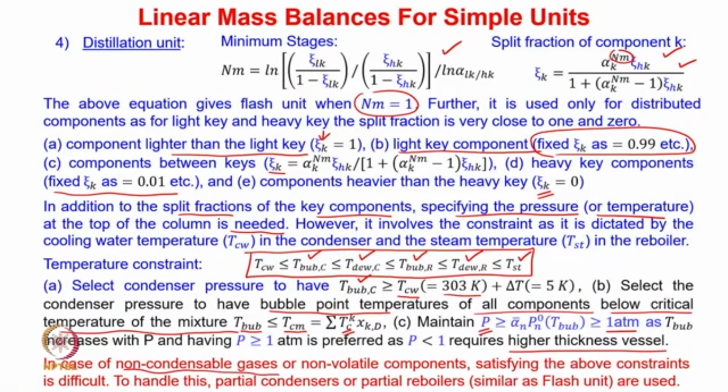Now satisfying all these constraints is not easy, primarily because very often we have non-condensable gases which cannot be condensed in the condenser. Sometimes we have non-volatile components which cannot be vaporized in the reboiler, isn't it? So clearly satisfying these constraints is not easy, and in such cases we use a partial condenser or partial reboiler. These units perform an action similar to the flash unit.